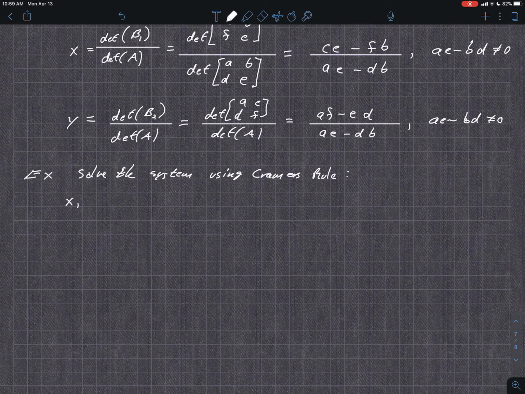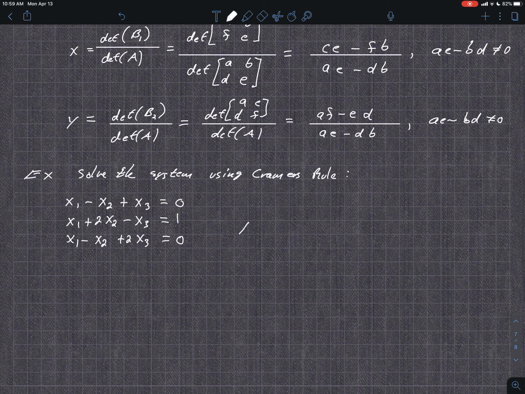So the system is x1 minus x2 plus x3 equals 1, x1 plus 2x2 minus x3 equals 0, and then x1 minus x2 plus 2x3 equals 0. So that's your system.